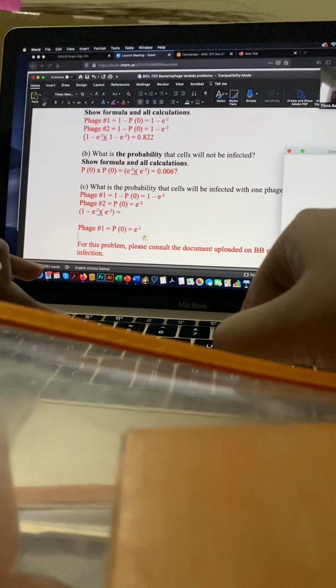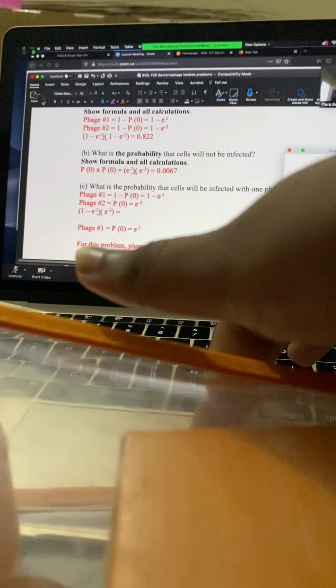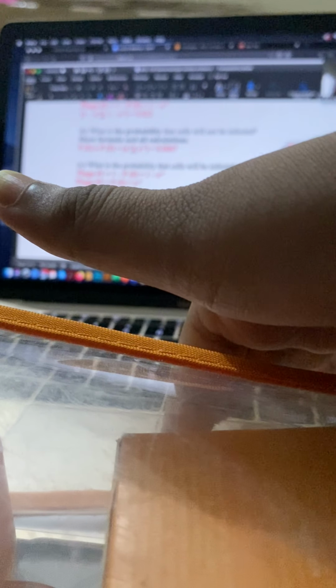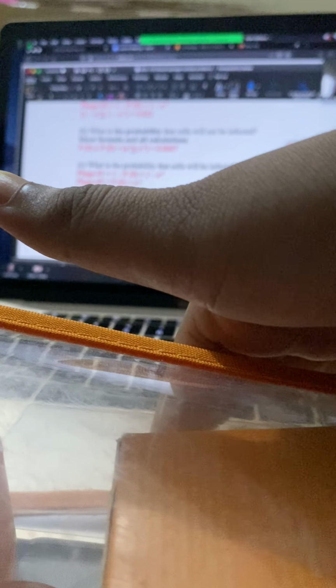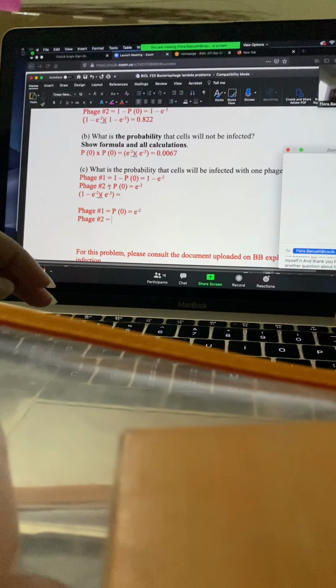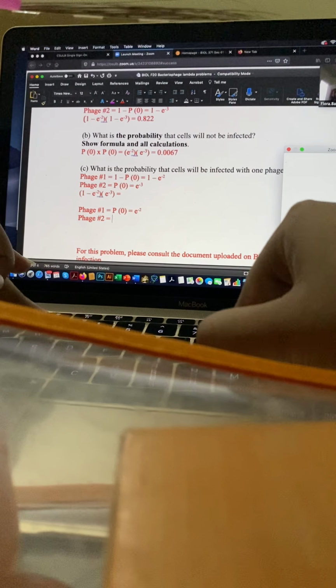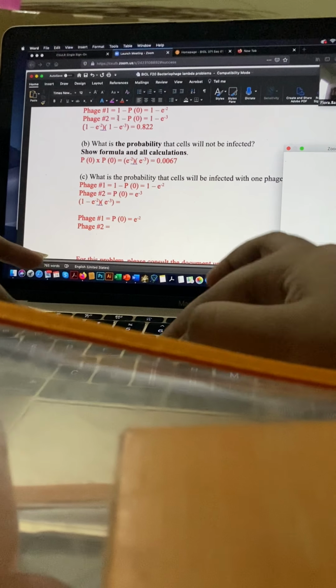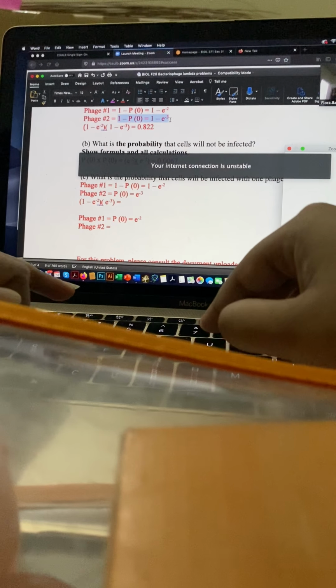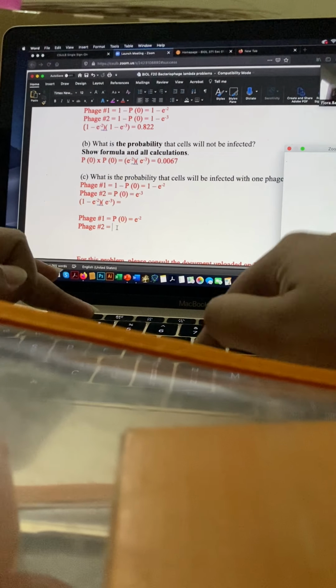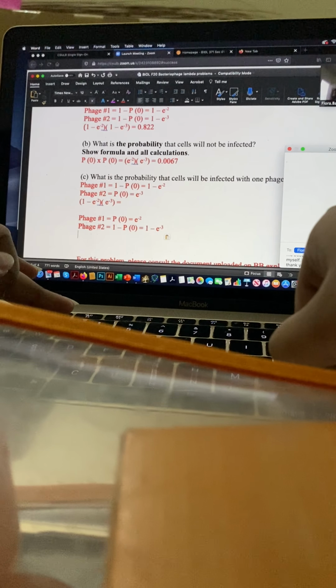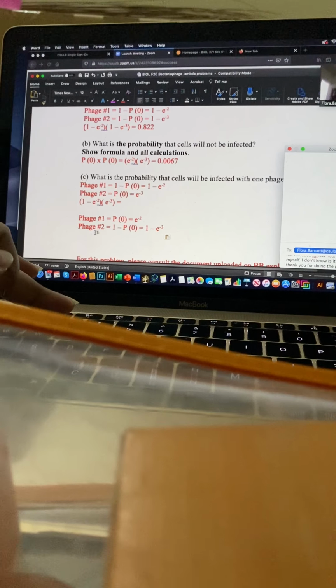Okay, and phage number 2 equals then 1 minus, infection. Okay, so the probability that you have no infection with phage 1 is the product of these two.